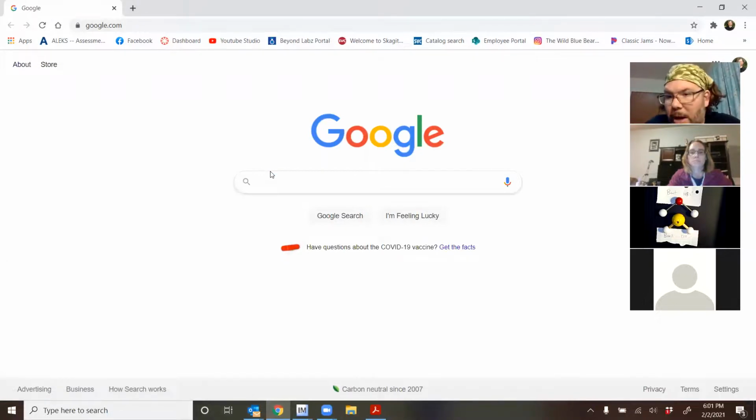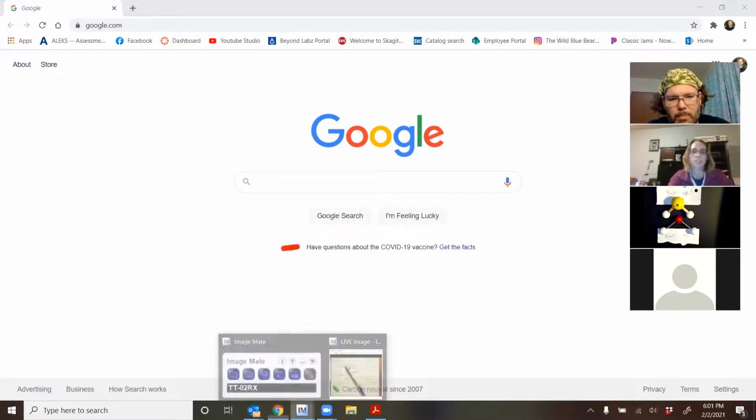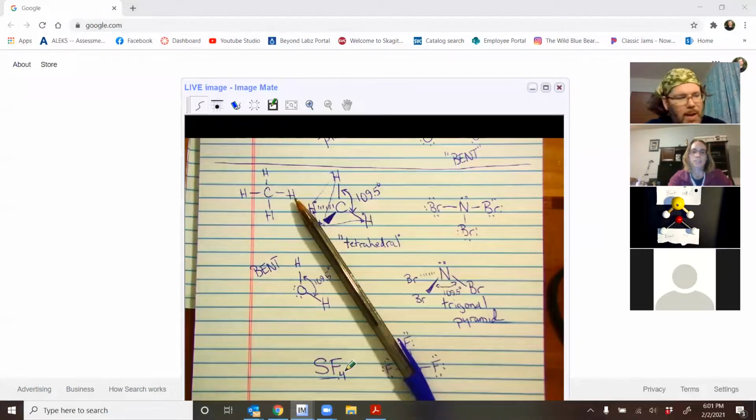Let's see if I can find it in an easy place to look here. So just a quick reminder, we have talked about how to name covalent molecules. How would I name SF4, that formula? If I didn't know how to search for it, what would I call that? Remember covalent compounds?